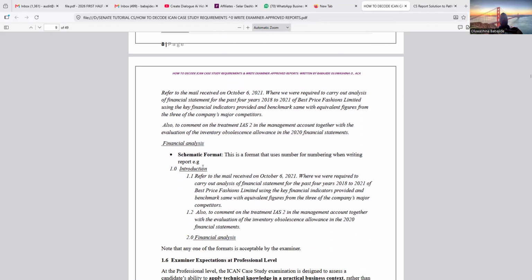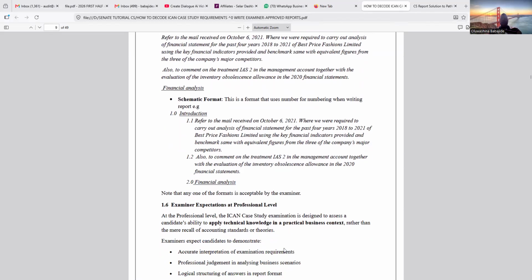When we want to do financial analysis in letter format, I just underline it, but here I put a number, 2.0. Note that any of the formats is acceptable by the examiner. So that is that on that particular one.